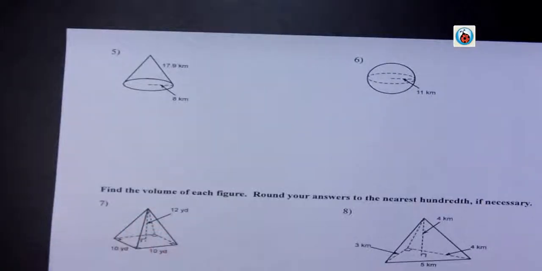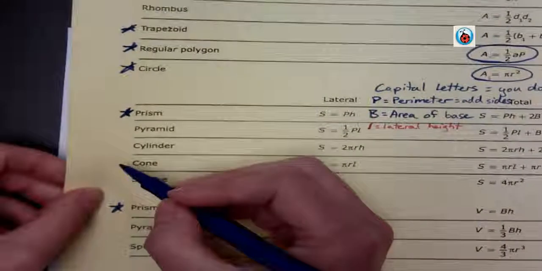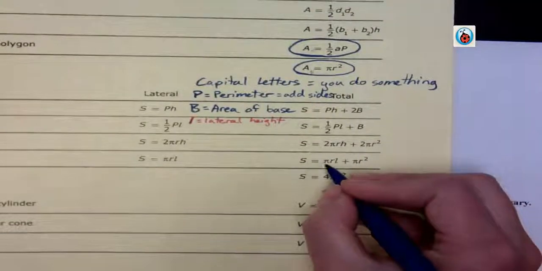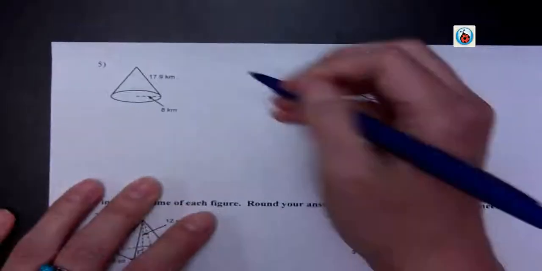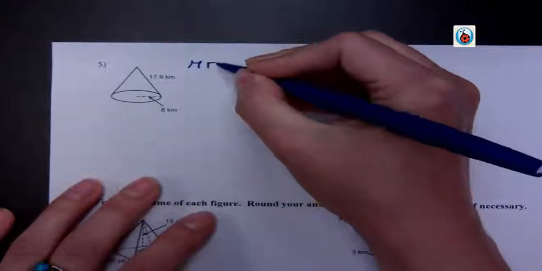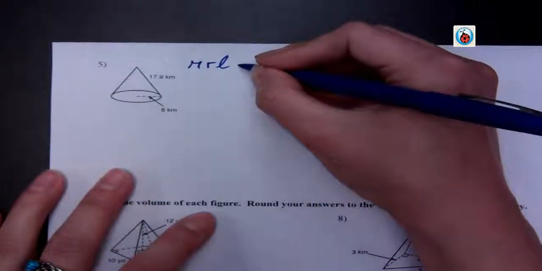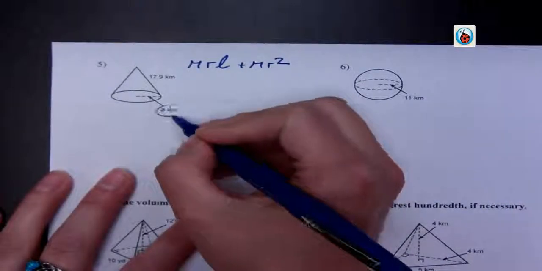Now I have cone. So cone is, again, its own formula, and it's quite easy. So it's pi radius times the lateral height plus pi radius squared. So pi radius times the lateral plus pi radius squared. Here they gave me the radius.